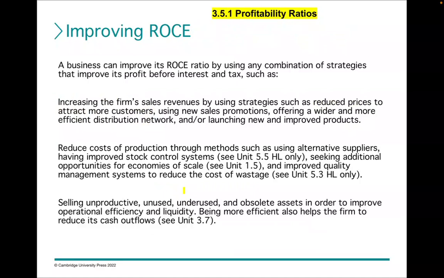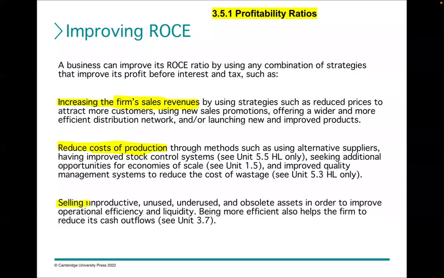Improving return on capital employed, the ratio strategies, one of them is to increase the firm's sales revenues by using such strategies as reducing prices to attract more customers, similar to the others. Reduce costs of production, again, similar. So once you remember one, you'll see that they're similar to all.